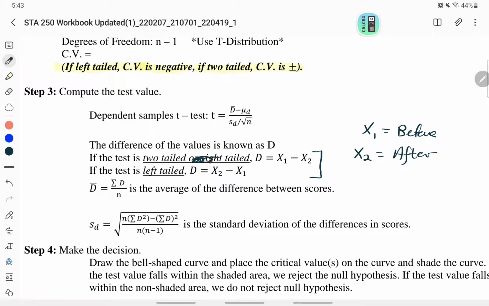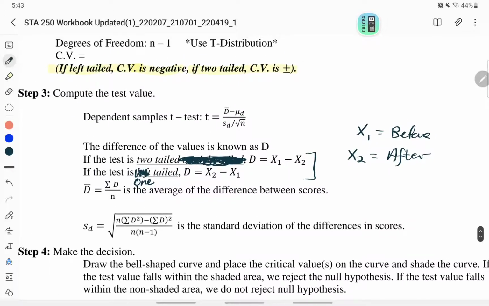I want to remove this part right here, and put it over here. If the test is two-tailed, d equals x1 minus x2. If the test is one-tailed, d equals x2 minus x1. So put that here. I just realized I made an error right there, but hopefully you guys can catch it.